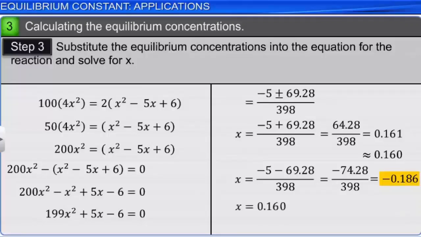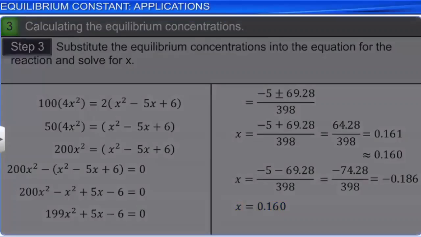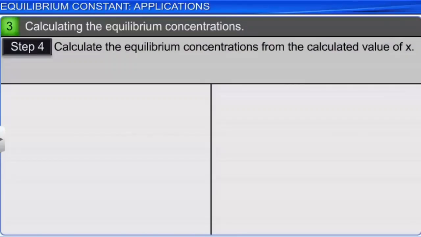The fourth step is to calculate the equilibrium concentrations from the value of x. The initial number of moles of hydrogen is 2. Hence, at equilibrium, the concentration of hydrogen will be 2 - 0.160. This is equal to 1.84 moles per liter.